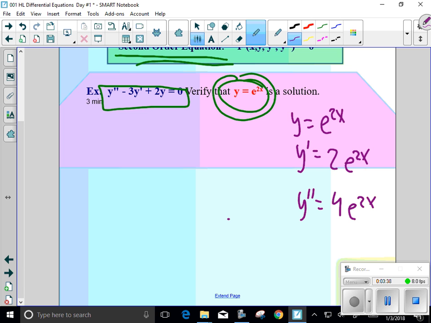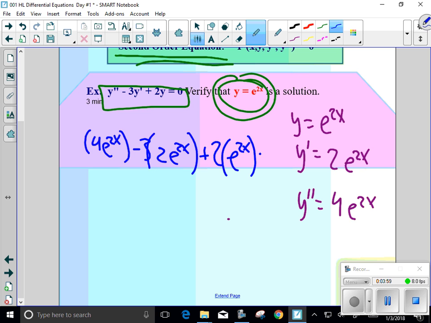So now this tells me if you take the second derivative, which is 4e to the 2x, and you subtract 3 times the first derivative, 2e to the 2x, and you add 2 times y, which is e to the 2x, this should be true. Is it?